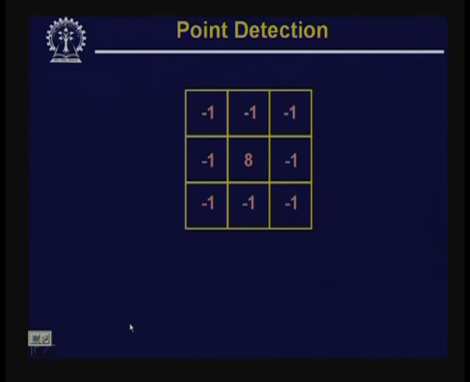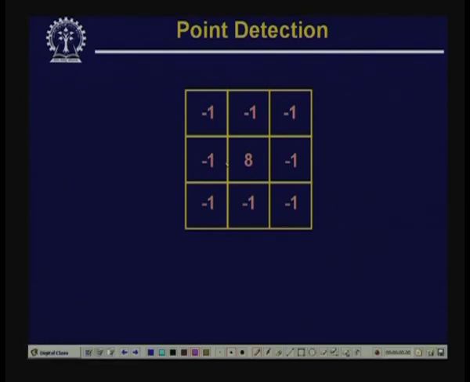So, when it comes to isolated point detection, we can use a mask having coefficient values like this: the center coefficient in the mask will have a value equal to 8 and all other coefficients in the mask will have a value of -1.